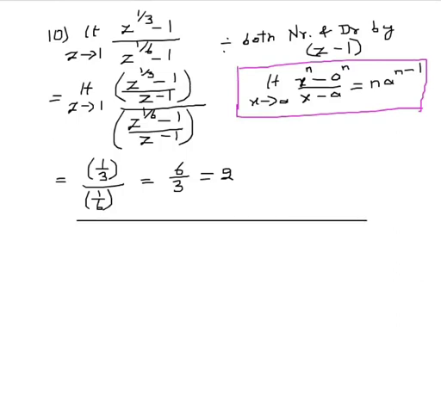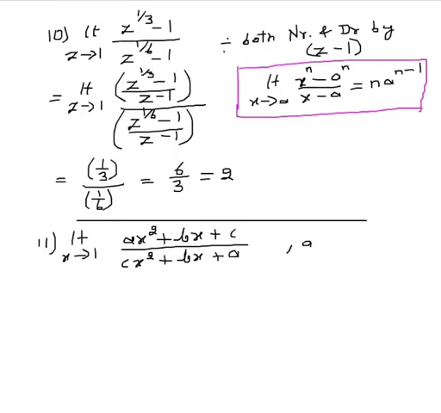Question number 11. Limit x tending to 1 of ax square plus bx plus c divided by cx square plus bx plus a. And the condition given is a plus b plus c is not equal to 0.